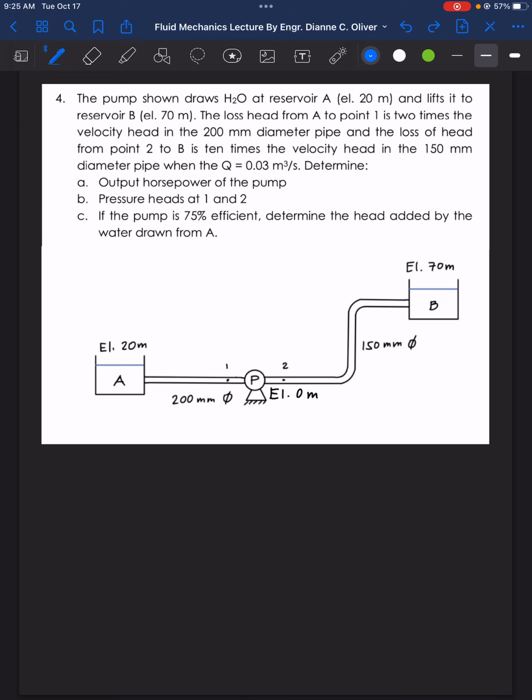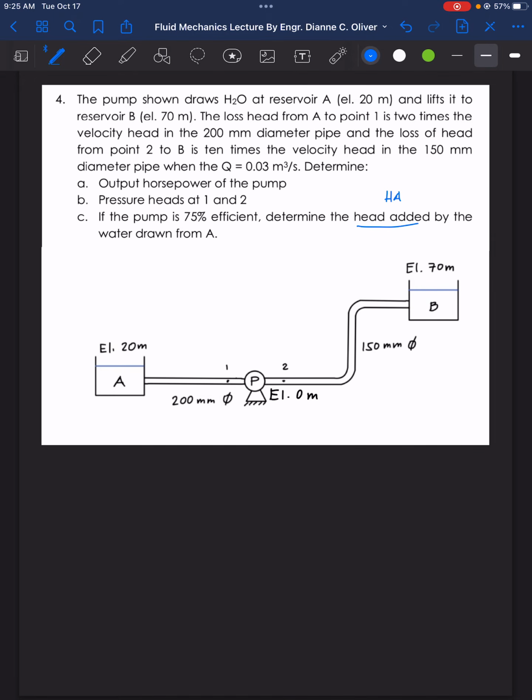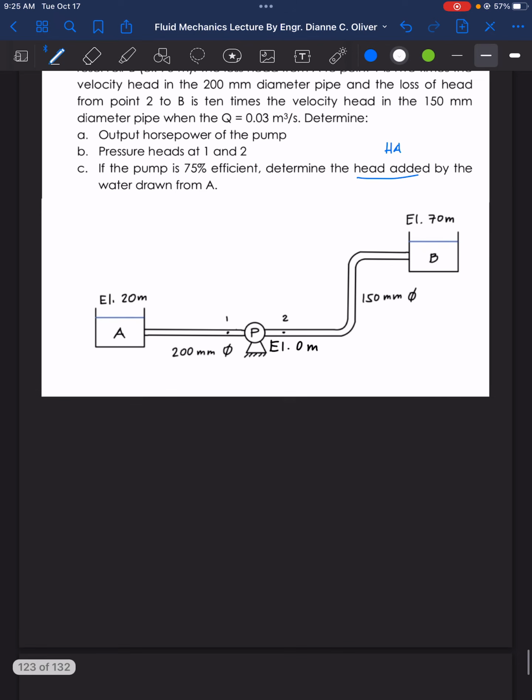Letter B, the pressure heads at 1 and 2. And for letter C, if the pump is 75% efficient, determine the head added by the water drawn from A. So head added, we're looking for HA. Since we're talking about pump, obviously we are looking for the head added.